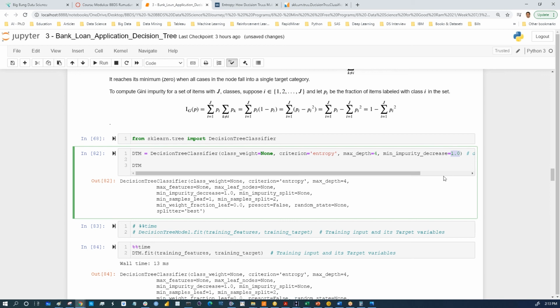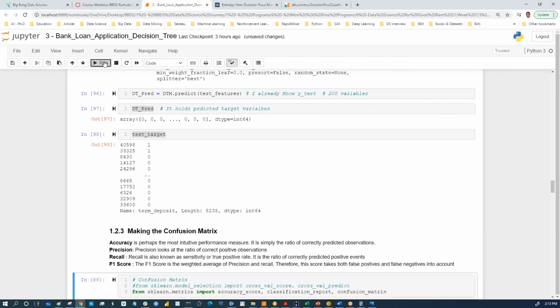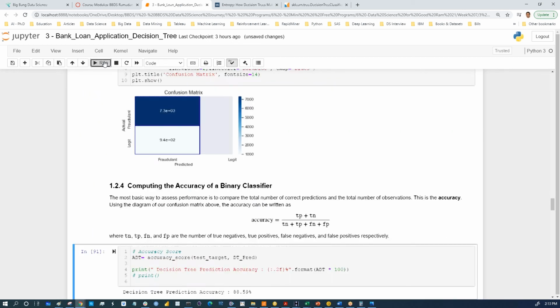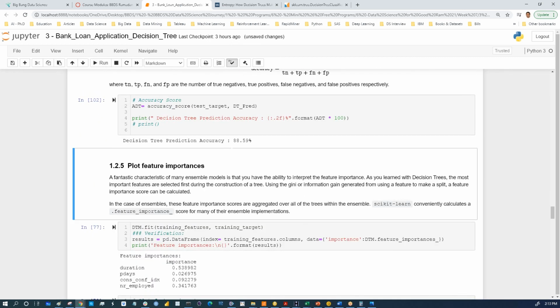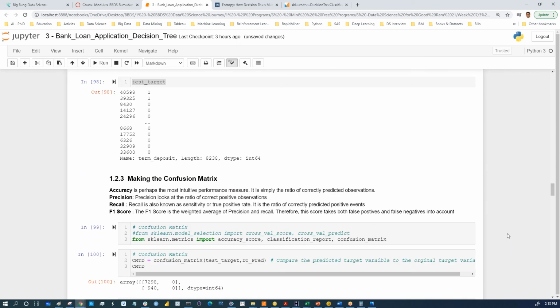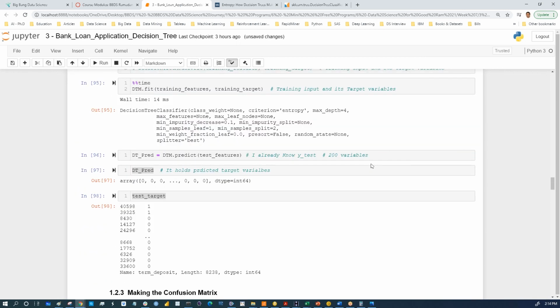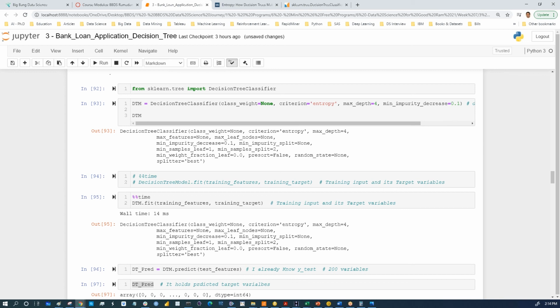We have to try 0.1. Let's see what's going to happen. It's still 88.5. So we better leave it as 0 or remove it.